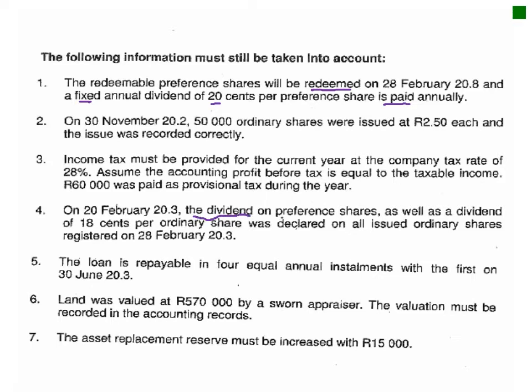This dividend therefore has to be taken out of the finance expenses, which will have reduced our profits, and it means the dividend is going to be shown as a separate line item on the statement of changes in equity, because the preference shareholders are now equity and not a liability. Parts 5, 6 and 7 are the same and won't affect our solution.